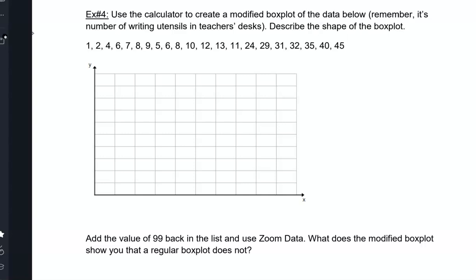There's no vertical axis with box plots, just a horizontal axis. So this one starts, let's go 0, 5, 10, 15, 20, 25, 30, 35, 40, 45, 50, and always label what your variable is, number of writing utensils.